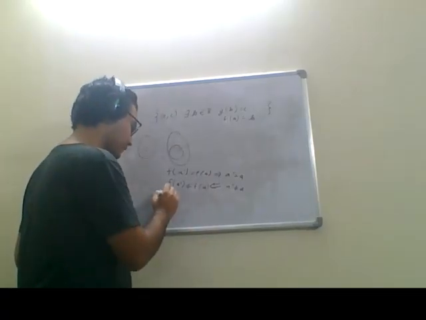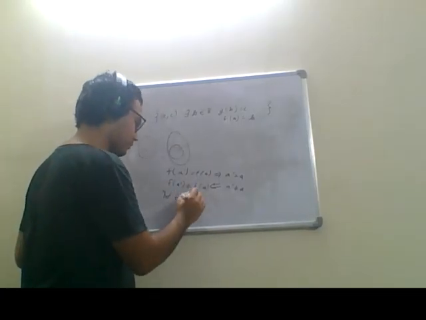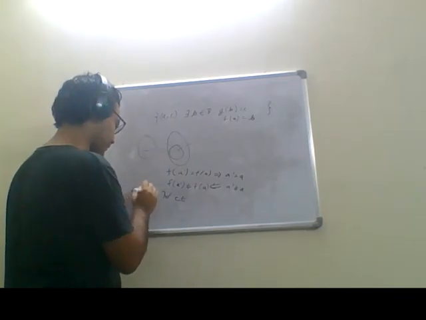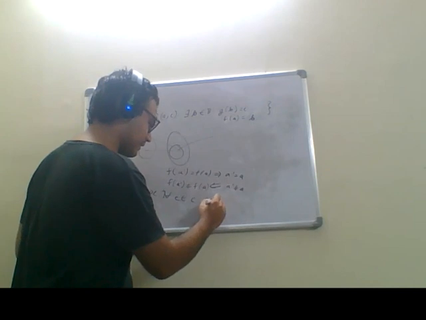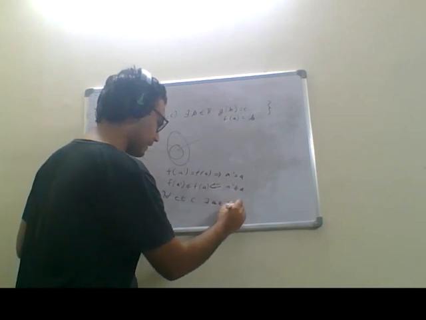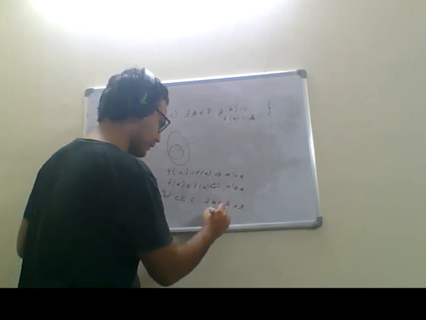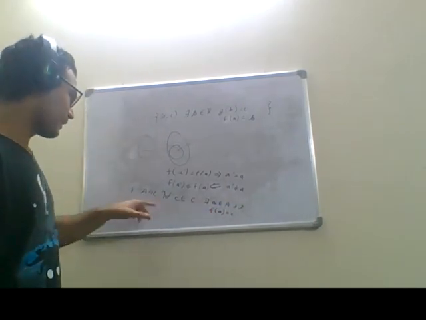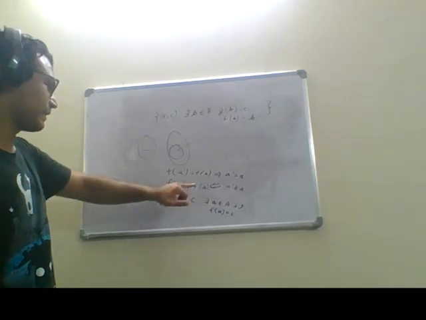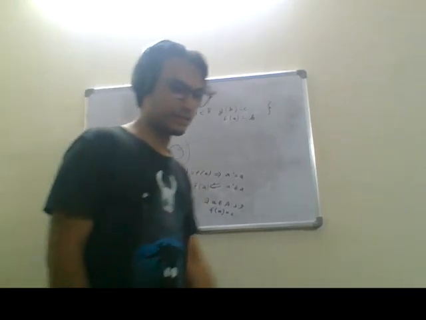And surjective just means, f is a function from A to C here, for all c belonging to C, there exists a belonging to A such that f of a is equal to c. So it's just quantifiers, and here it's an implication. Think of it that way.